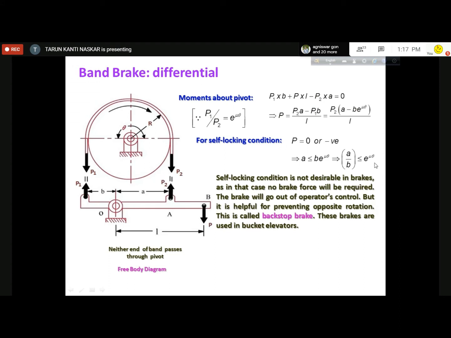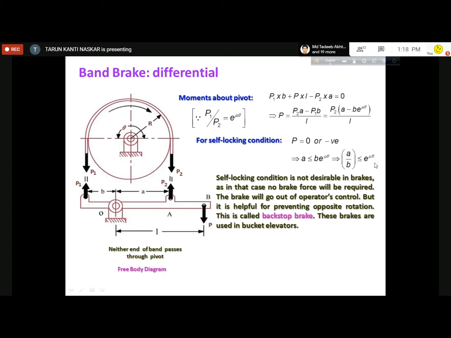Now a self-locking condition normally is not desirable. But when there is a hoisting machine, then if there is a self-locking condition, it won't come down when it is lifted to a point. So it is helpful for preventing opposite rotation, when opposite rotation is not desirable.